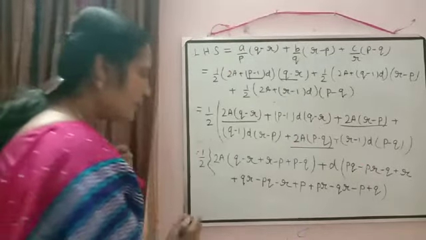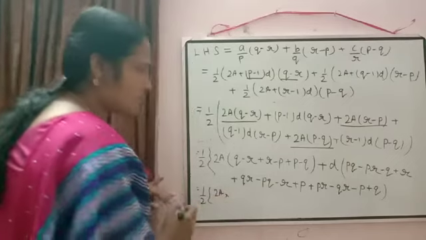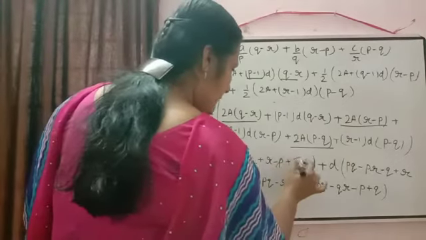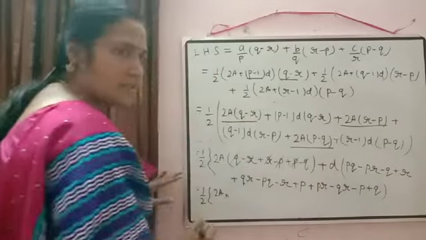Okay, is it clear? Half into 2A into, now just to check this expression there, P and minus P will get cancelled, minus R plus R cancelled, Q and minus Q cancelled.